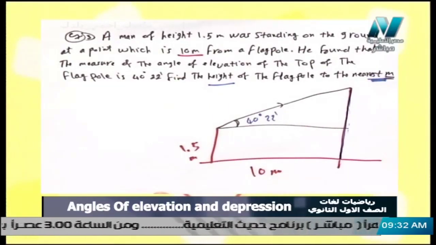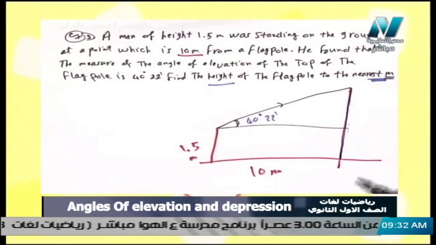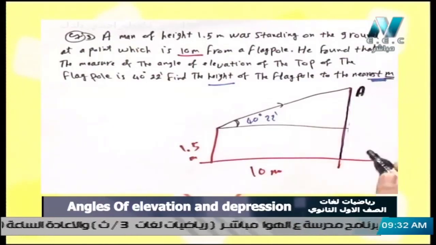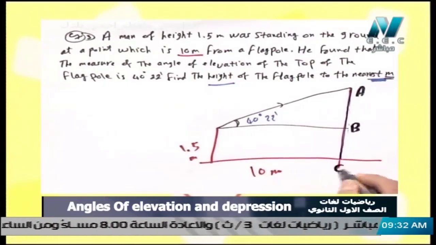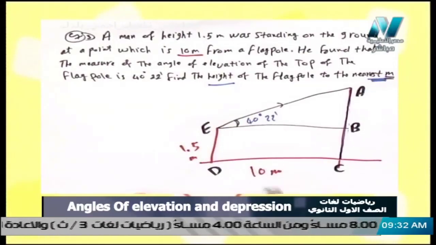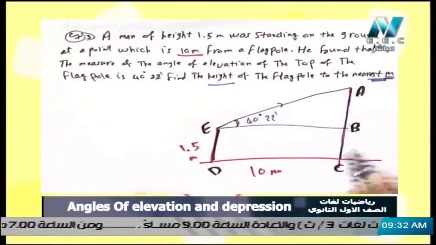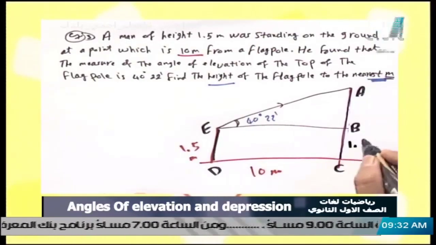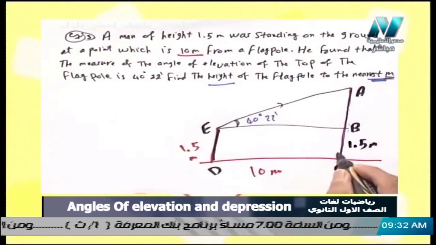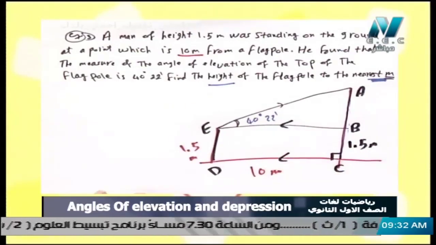Flagpole. Okay, let's name these points. We have here A, B, C, D, and E. We have the height of the man 1.5 meters. So CB equals 1.5 meters, because we have here a right angle triangle. This is the horizontal and this one is the horizontal.